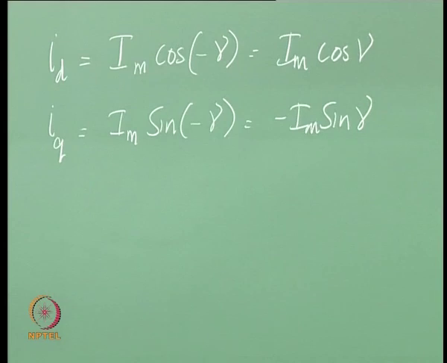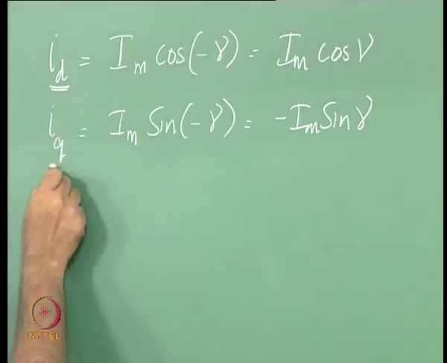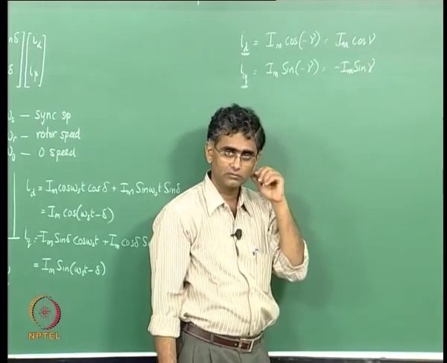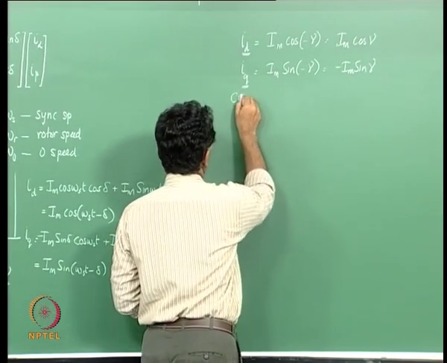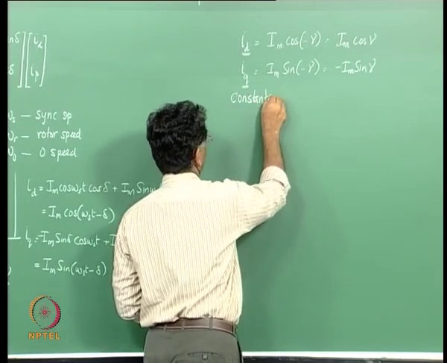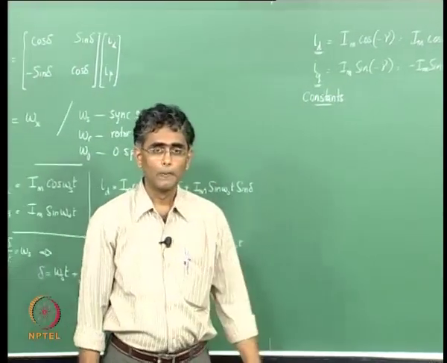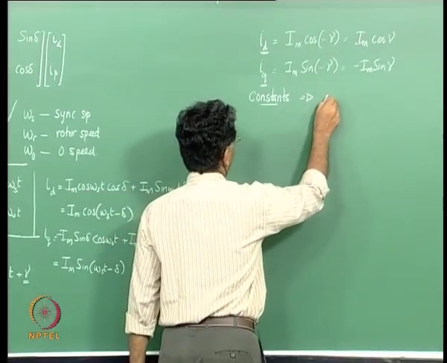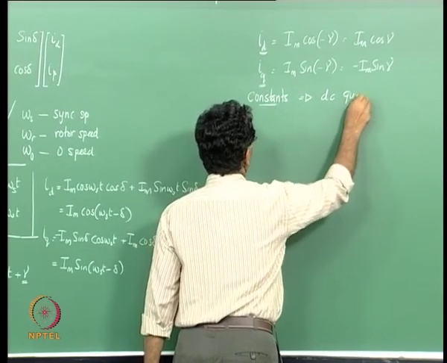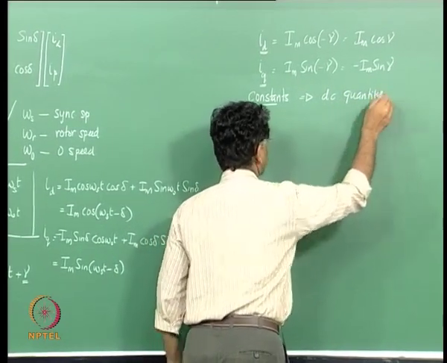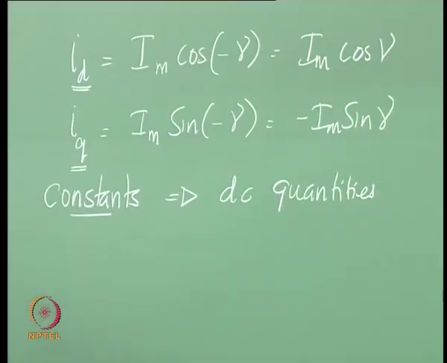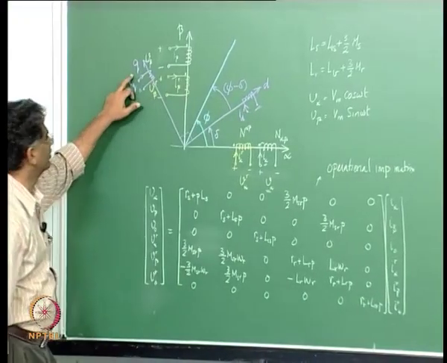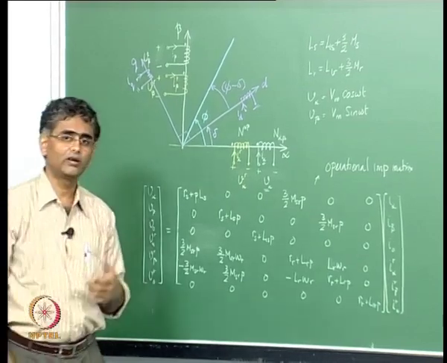What is interesting here is that these expressions Id and Iq are not dependent on the variable t. That means these are basically constants, they are not functions of time. Therefore Id and Iq are DC quantities, which means that the excitation provided to this d axis and q axis is no longer AC, but it is DC.